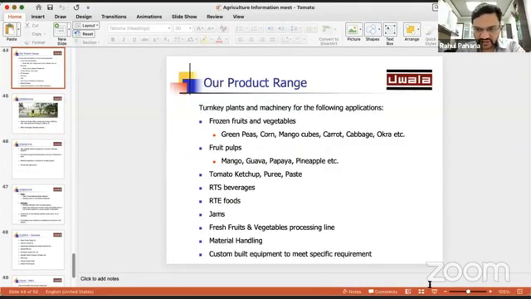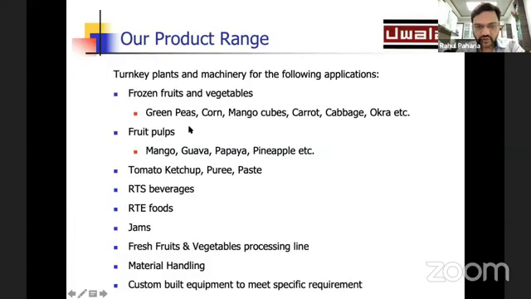Like these. So we make machines for frozen fruits and vegetables, for fruit pulp processing, for mango, etc. Tomato ketchup puree lines, juice processing lines, jam processing lines, etc. But a majority of our business comes from frozen fruit and pulp processing, and tomato ketchup. The first three line items which have been listed.